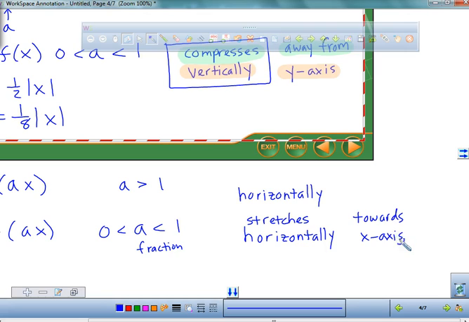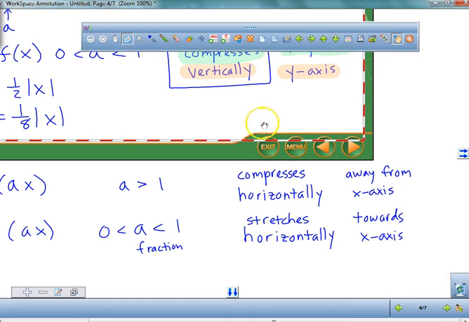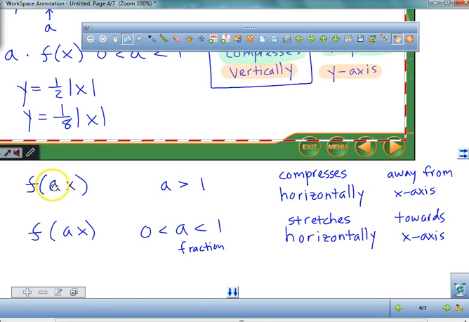If I compress something horizontally, that means I'm going away from the x-axis. This is if the a value is next to the x in the function.